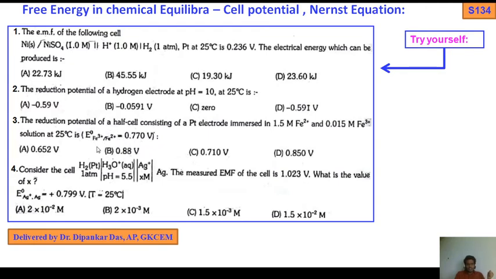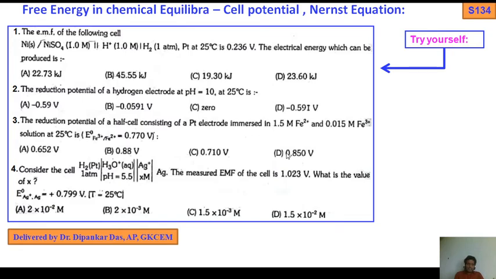You know this is the reduction potential value. Also, we know Fe3 plus acts as an oxidizing agent, that's why it is a positive value. Already I have discussed this in the electrochemical series. The four options are 0.652 volt, 0.88 volt, 0.710 volt, 0.850 volt.